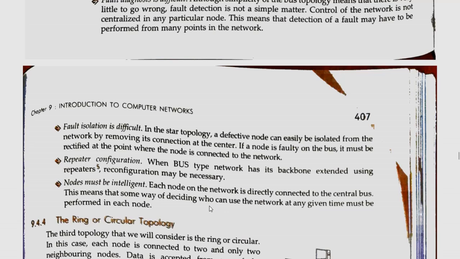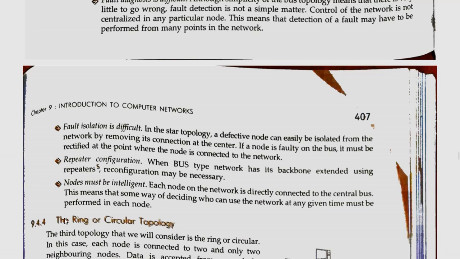It is totally dependent upon the single coaxial cable. So there should be some way of deciding who can use the network at a given time, because all the nodes cannot work parallelly. So this was about the bus topology.